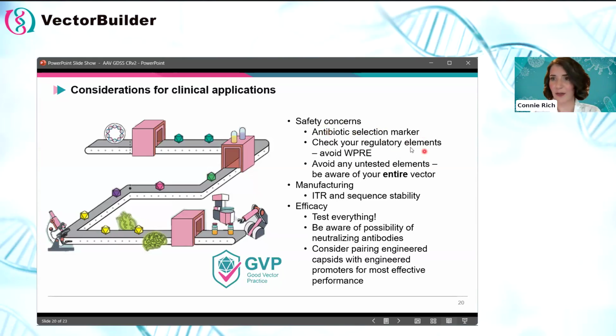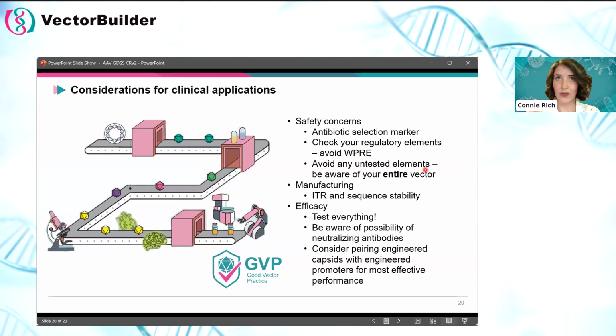Additionally, you need to check those regulatory elements. I mentioned this before with our WPRE. You want to avoid the wild type WPRE because this is a viral element, and so it's going to cause issues with any sort of FDA regulation approval. There are a couple of other options that you can use for modifications to that WPRE, but generally, using any untested elements is very, very tricky.